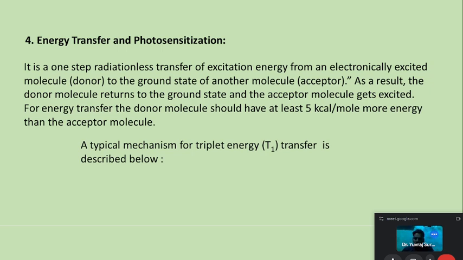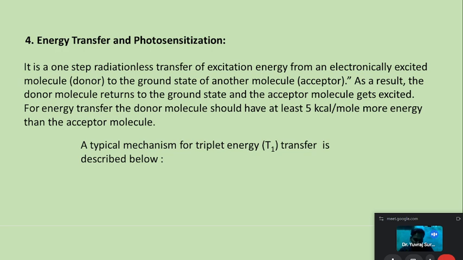Based on this, energy transfer and photosensitization occur in some cases. It is a one-step radiationless transfer of excitation energy from an electronically excited molecule, that is the donor molecule.